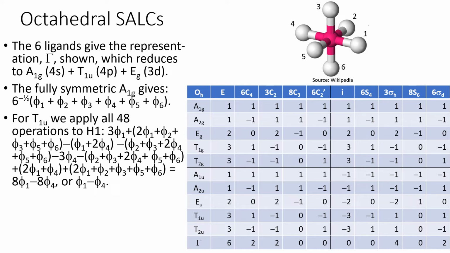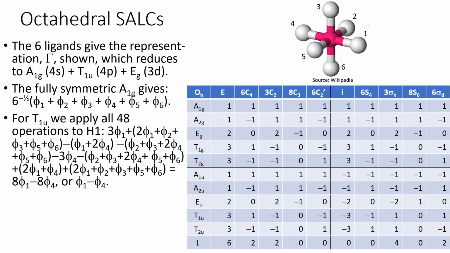Then we move on to 6C4. Again, we've got 3 C4 axes, the Cartesian axes. We can rotate clockwise or anti-clockwise, and we just have to go through this process for all 3 axes. In the case of T1U, we've got a 1 for that character, so that explains the plus in front of the brackets.